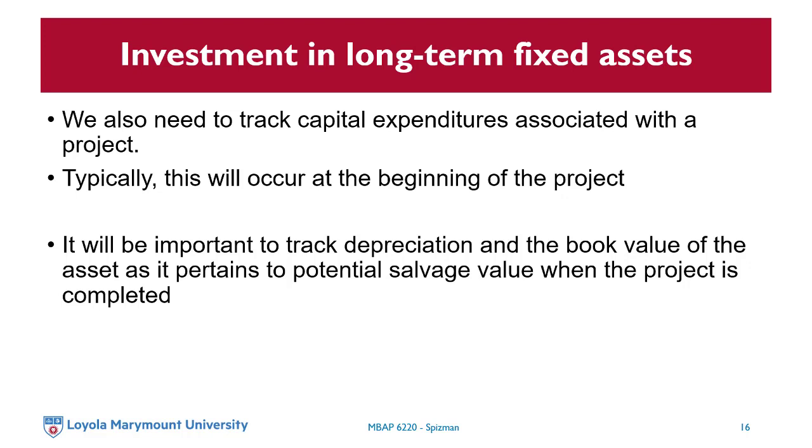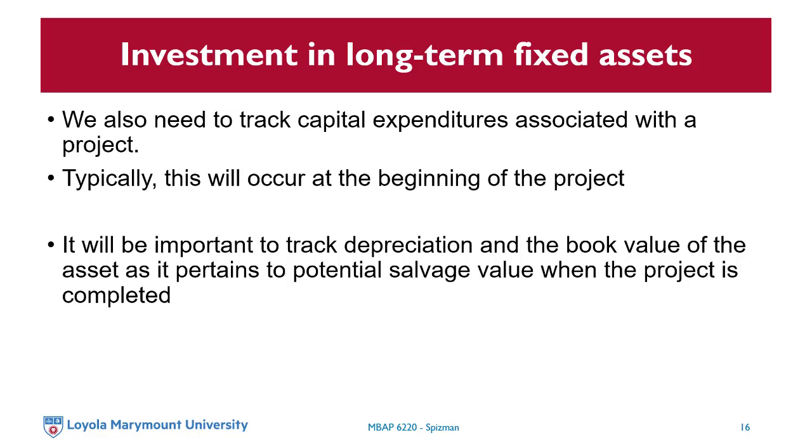It is important to track on the balance sheet the depreciation that's going on and the book value of the asset. So you're going to have the cash component from the balance sheet, the investment in year 0, but also the book value of the asset over time as you continue to depreciate it down. This is important because we might have situations where you can salvage the fixed assets at the end of a project.